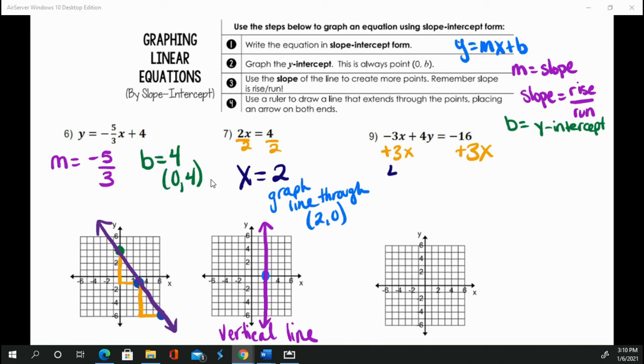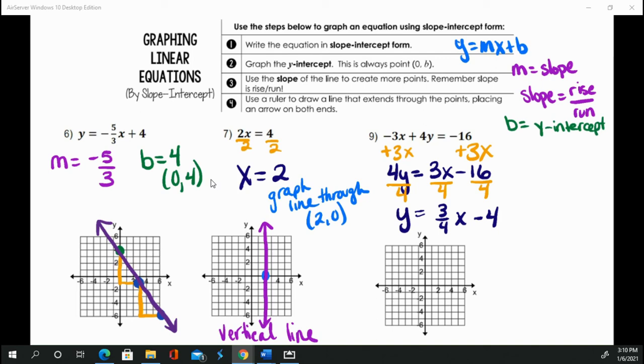What we're left with is 4y equals, now we want it to be mx plus b, so let's write our x term first. And our next step is to divide all three terms by 4. So the equation in slope-intercept form is y equals 3/4 x minus 4.